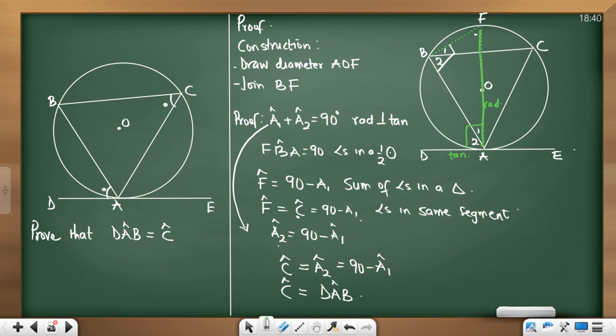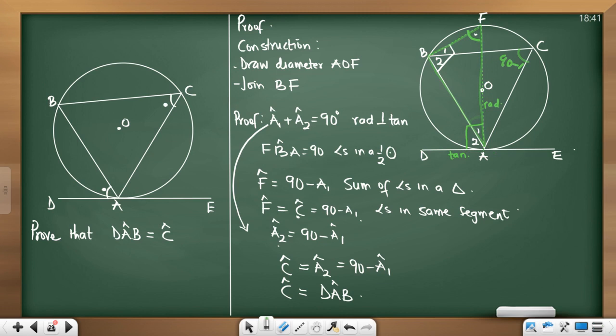Construction, you draw that diameter. Once I see a diameter, I see my 90 degrees there, right? Lovely. Now, radius and tangent, another 90. Now, if I look at this triangle here, this angle F will be 90 minus A1. So when I get my F, I see this and this are equal.